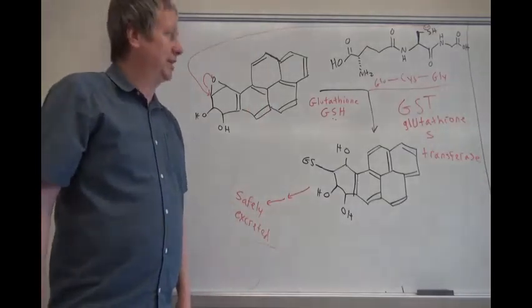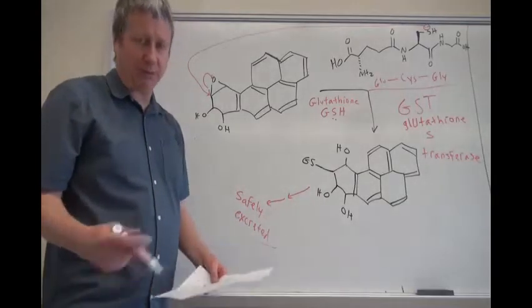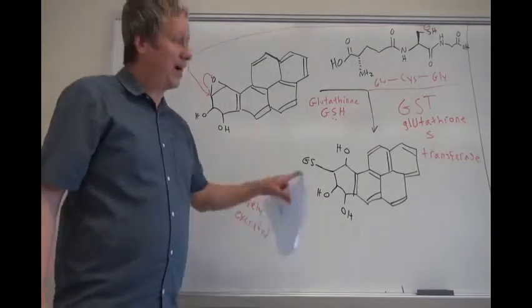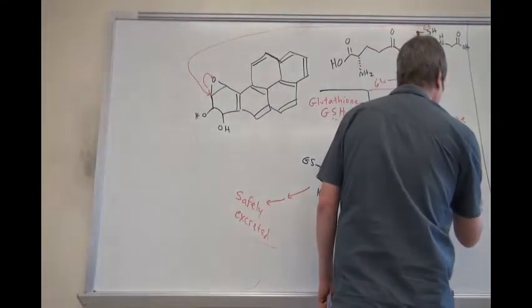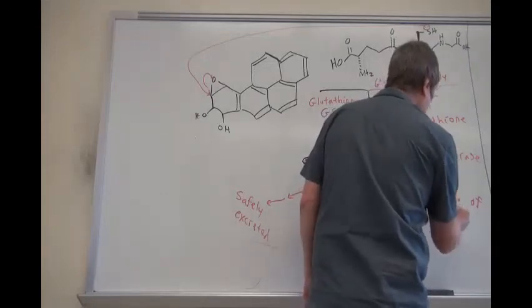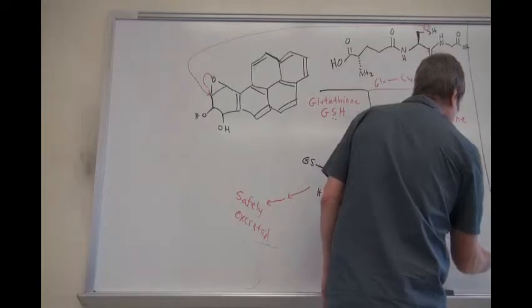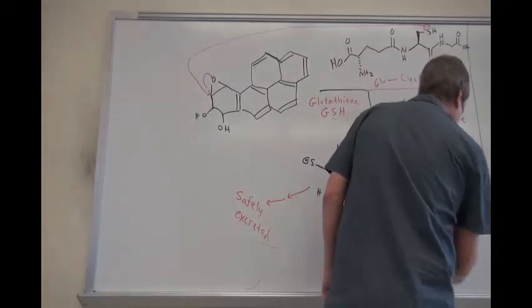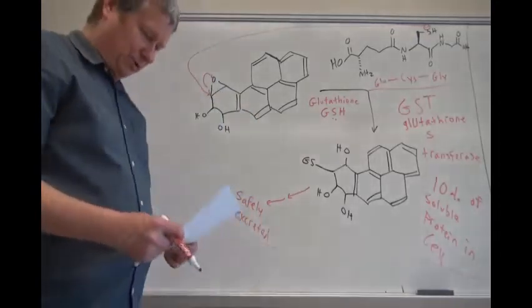Well, it turns out there's tons of it. It's 10% of the soluble protein in your cell. So GST is very, very prevalent. Okay? That would make sense.